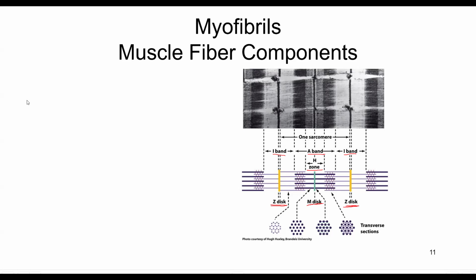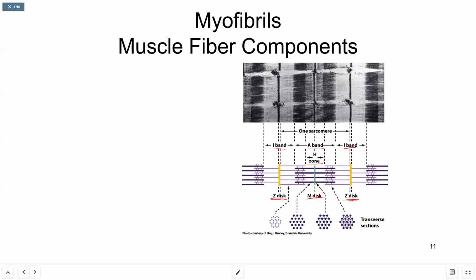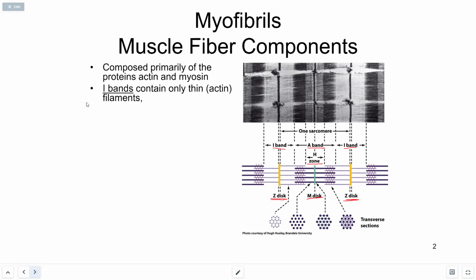Now, what this means and what all these different things are is shown here. They're composed primarily of the proteins actin and myosin. The I bands, your adjacent regions, contain only very thin actin filaments. The A bands also contain thick myosin filaments.